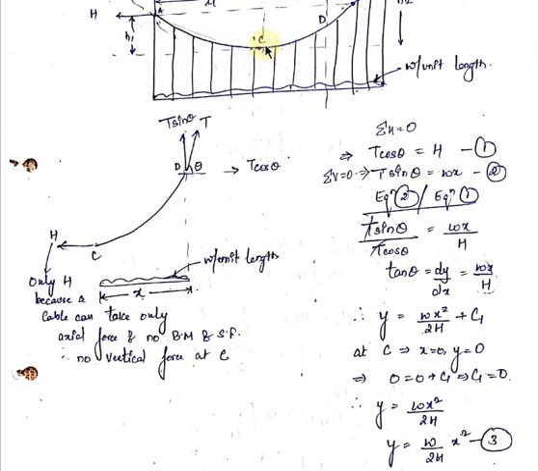So at C, x will be equal to 0 and y will also be equal to 0. So in this equation, y equal to wx square upon 2H plus c1, we will put y and x as 0. After putting the values, we will get c1 equal to 0. And when we put the value of c1 equal to 0 back into this equation, we will get y equal to wx square upon 2H.